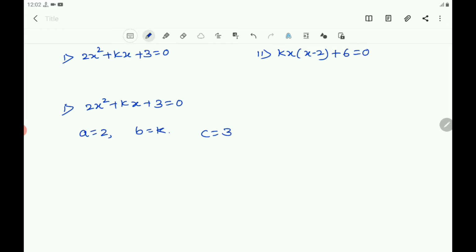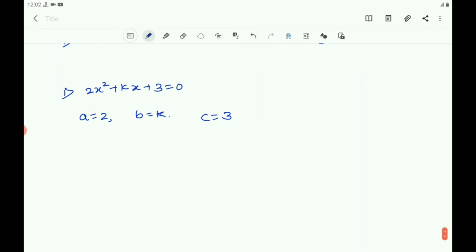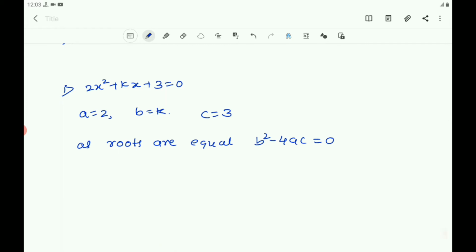Now also it is given that both the roots are equal. Therefore, as roots are equal, b square minus 4ac must be equal to 0.